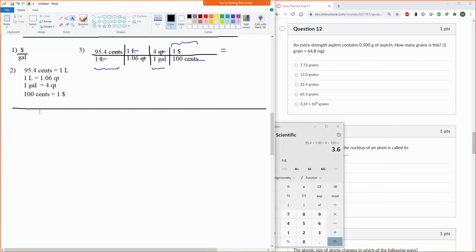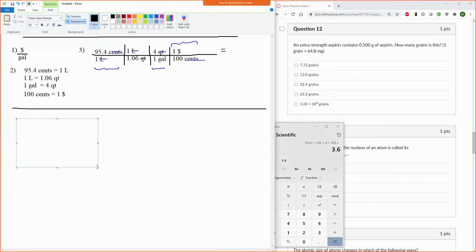All right. So, aspirin. First of all, step 1, what am I looking for? How many grains? That's what I'm looking for. Excellent. Number 2, what did they give me? We have 0.500 grams of aspirin.